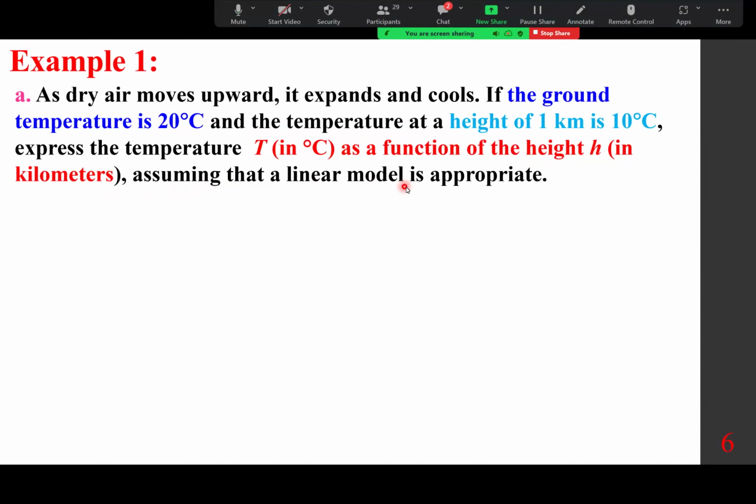So we are going to use T and h, and the order is h comma T, because T is a function of h.